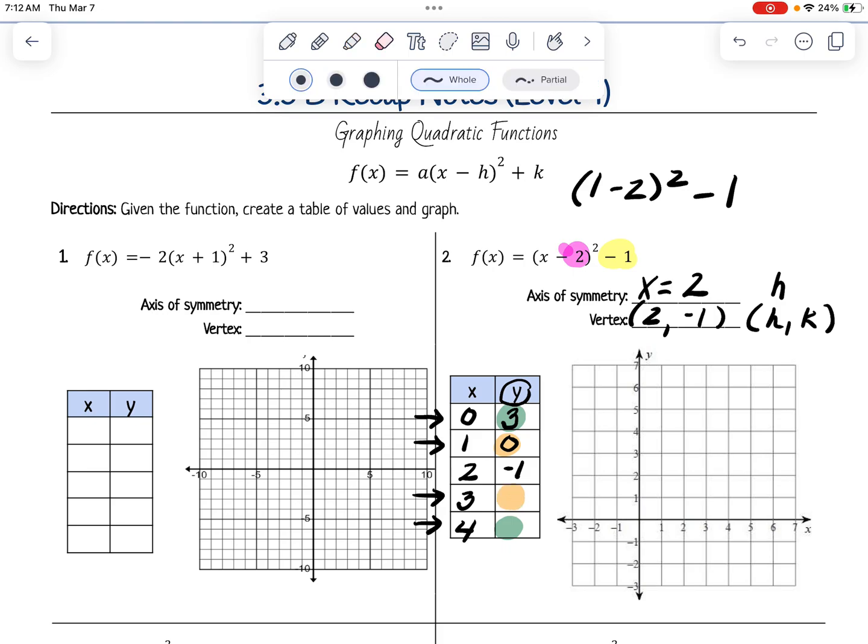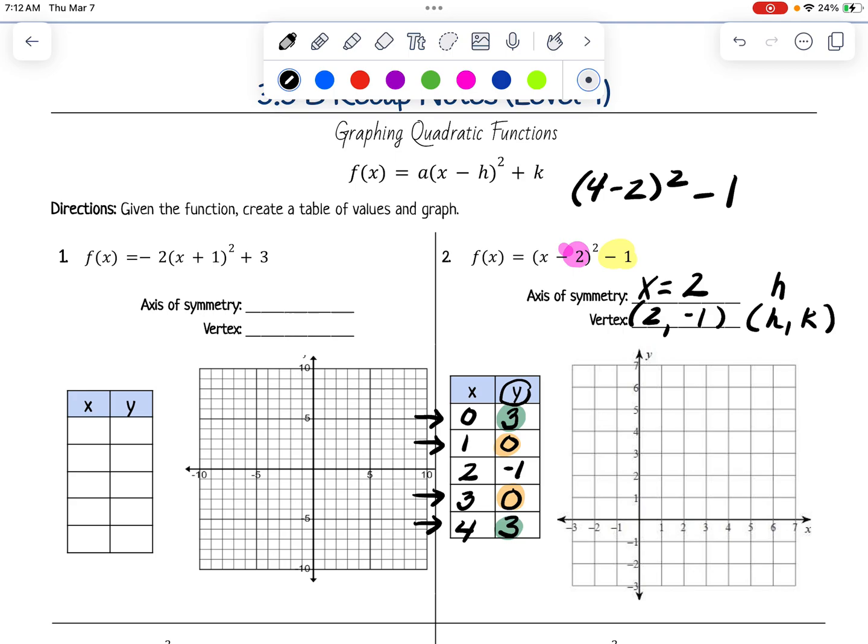So let me keep moving down the table of my values, and let me put the 3 in there. And when I put the 3 in there, I'm going to end up with, again, 0. So I know I'm doing it right. And then I'm going to put my 4 in there. And I'm going to end up with 3.